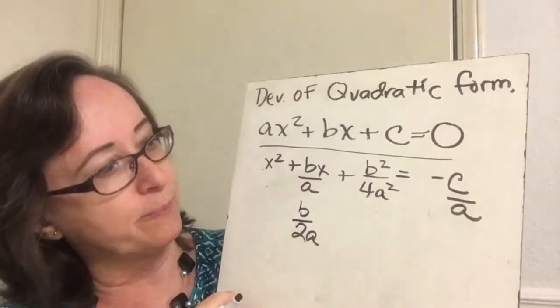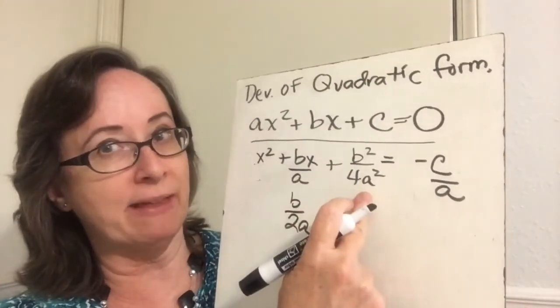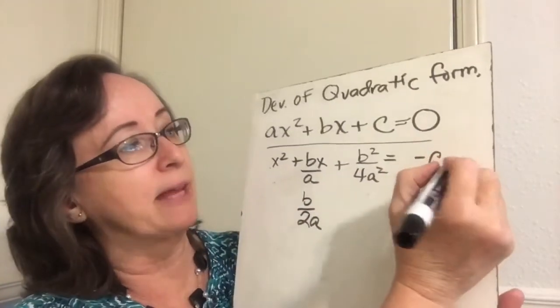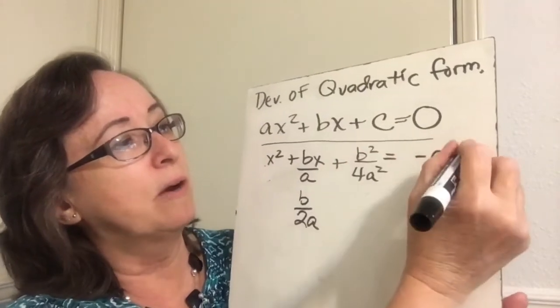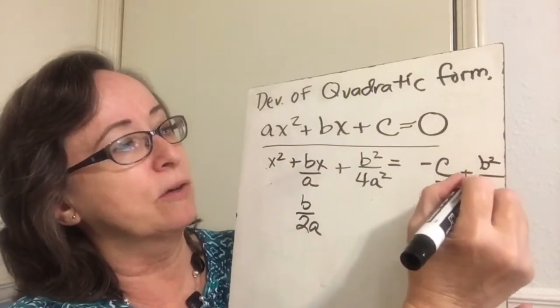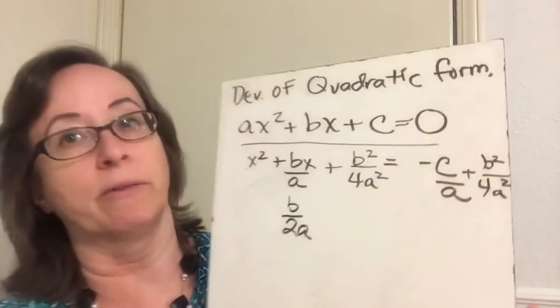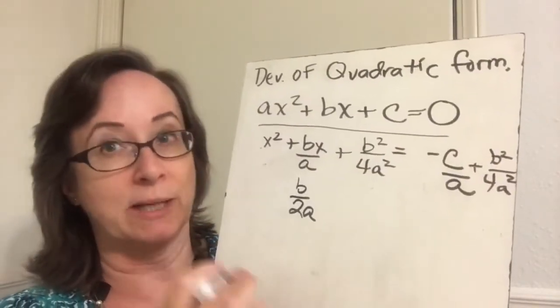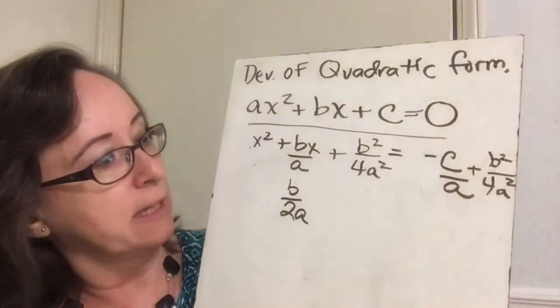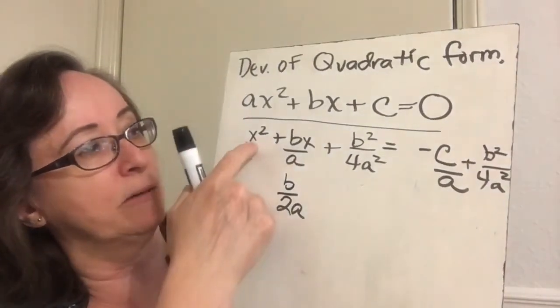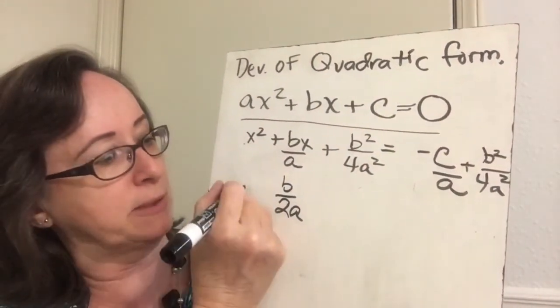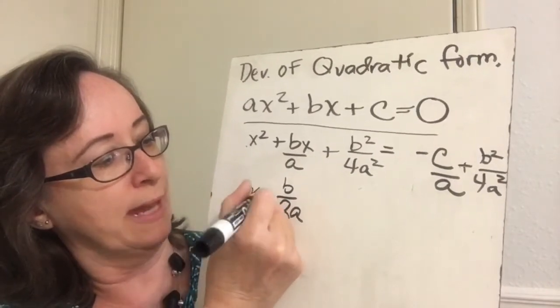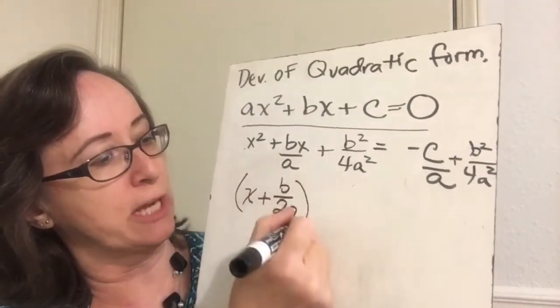2a quantity squared. Okay, so I can't just add that to the left. I must come over here and add that to the right too. So b squared over 4a squared on the right as well, so that I'm balancing and never doing something to one side that I don't do to the other. So now I'm going to, again, drop this variable down here, and I'm going to check.